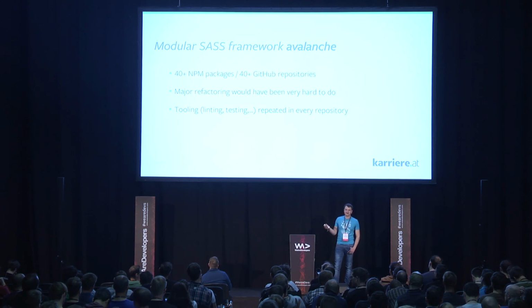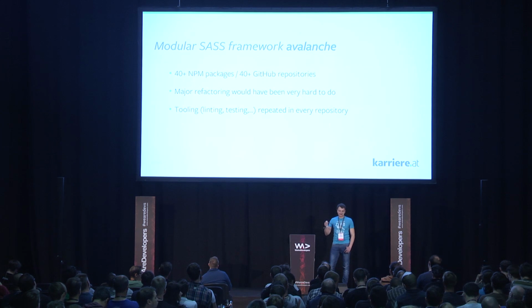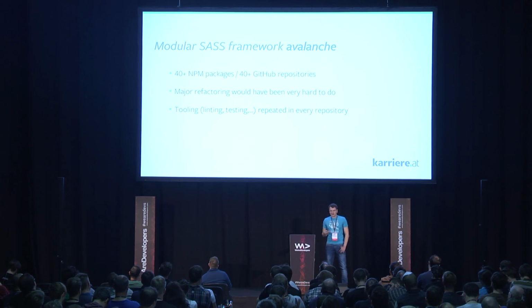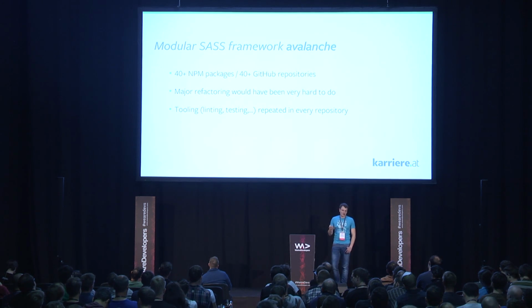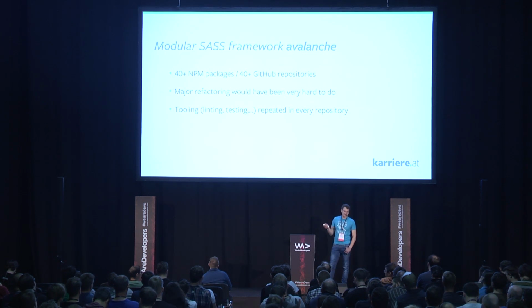For example, the CSS grid has its own repository, or things like button styles have their own repository. So basically every feature of the framework has its own repository. I had about 40 components which all had their own repositories, so 40 NPM packages and 40 Git repositories.